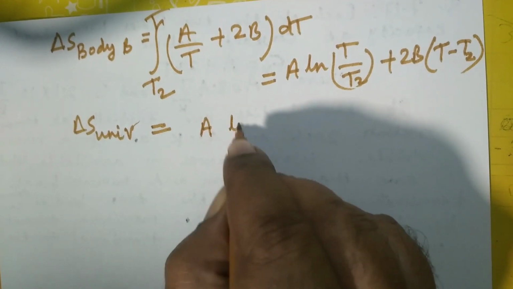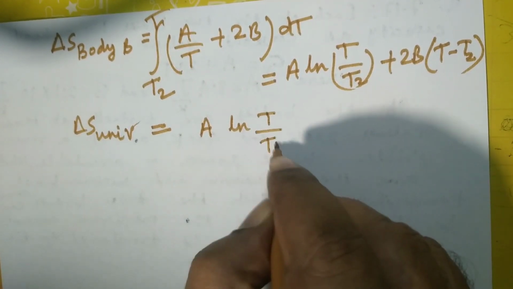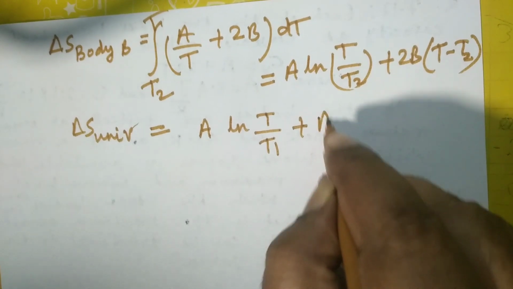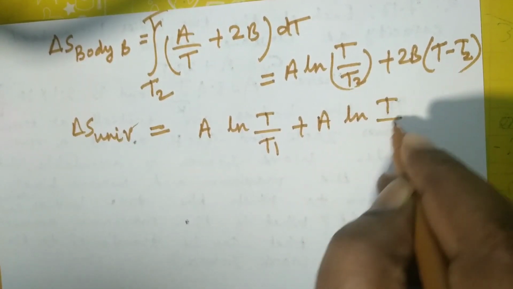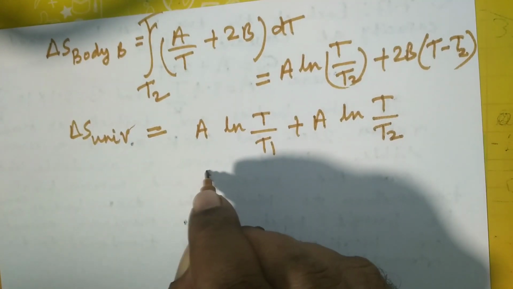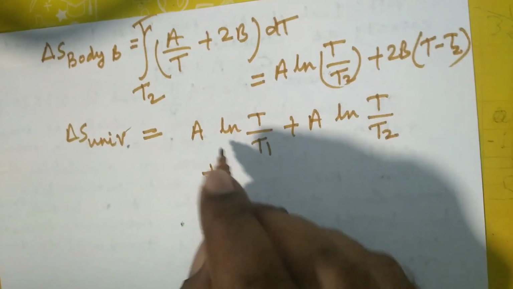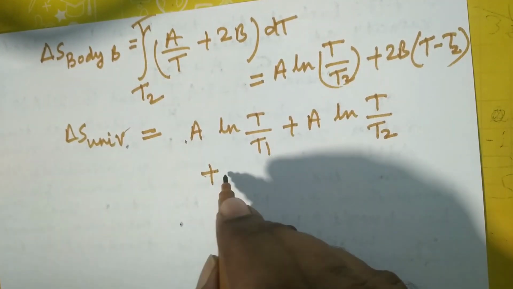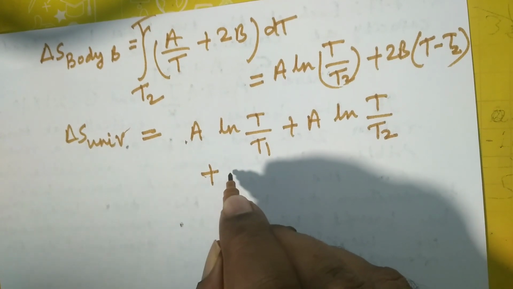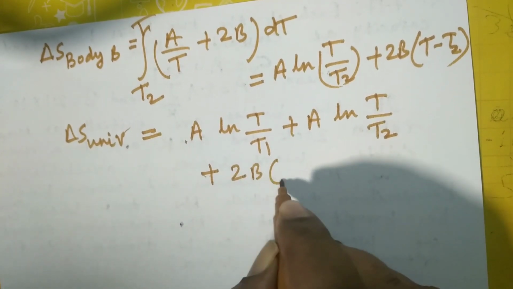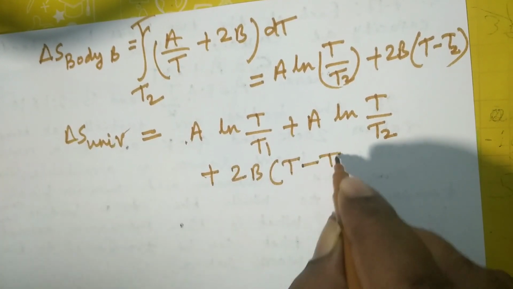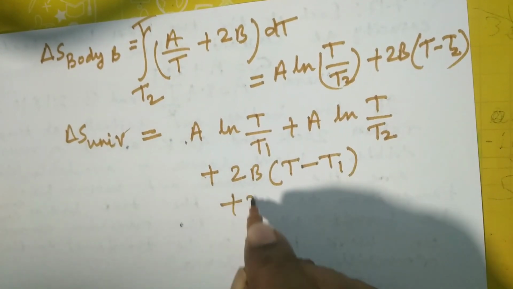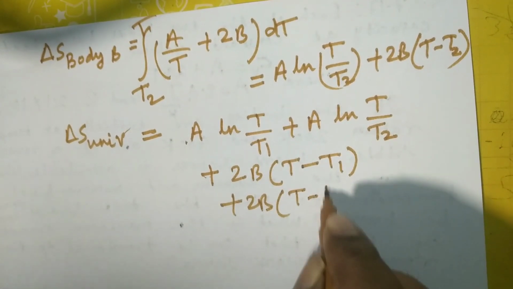So this equation will be A ln T by T1 plus A ln T by T2 plus 2B times (T minus T1) plus 2B times (T minus T2).